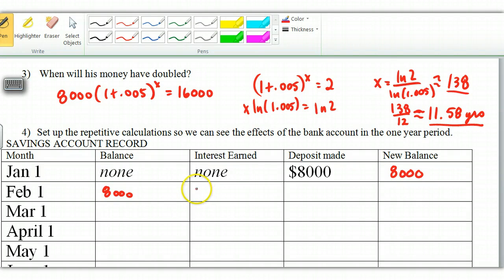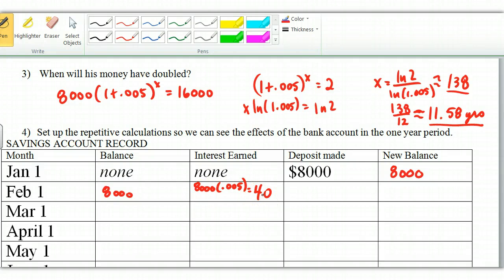So what will happen is that you'll get a value here of 8,000, and they're going to multiply by 0.005. That would tell you what your interest is. So I can take this 8,000 multiplied by 0.005. There's $40.